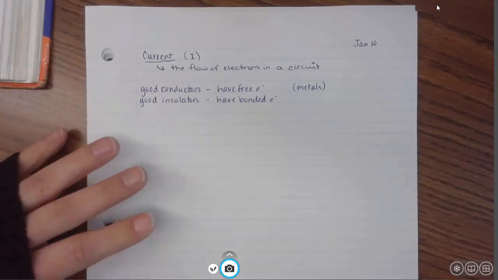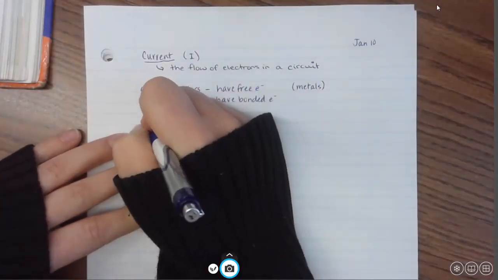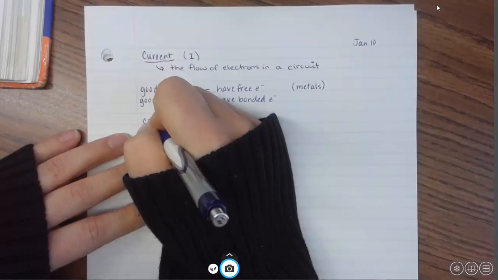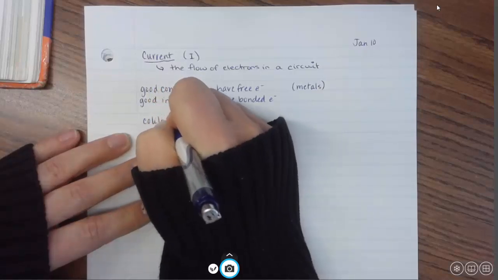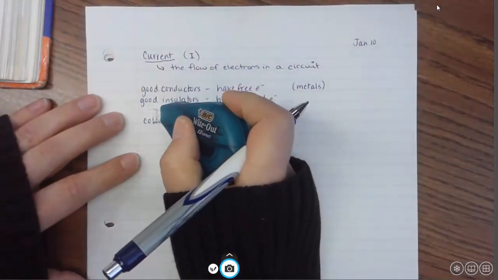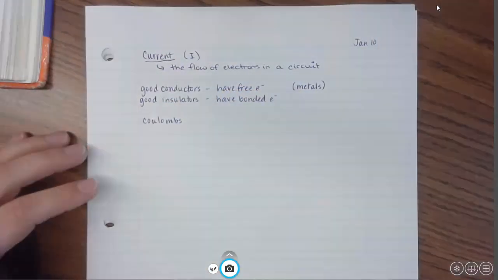So when we're talking about flow, we use coulombs, which I always spell wrong, actually. C-O-U. I never remember which O to put the U with.